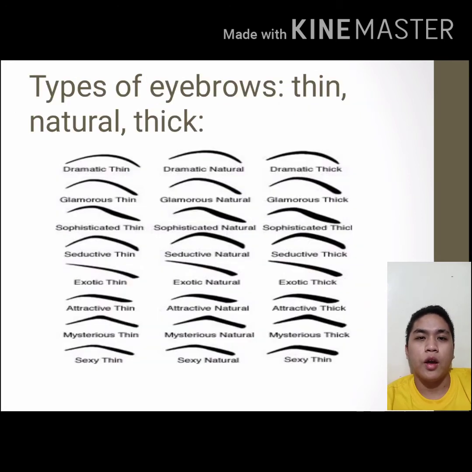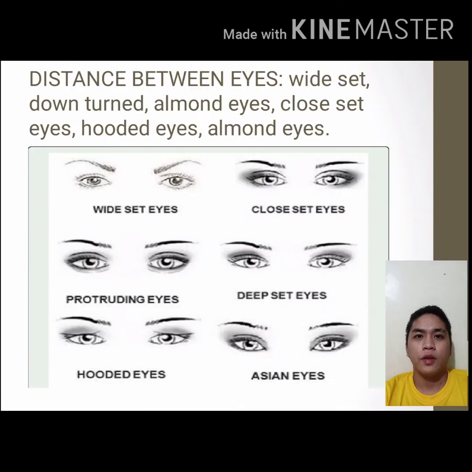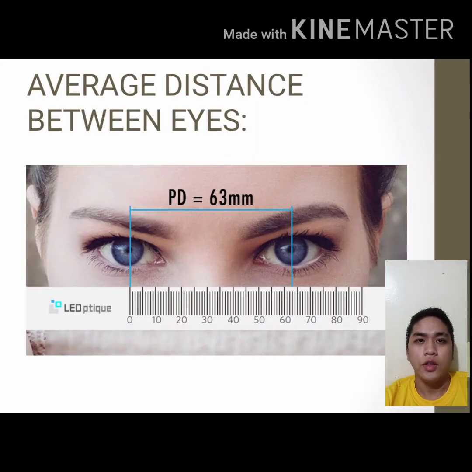The types of eyebrow are thin, natural, thick. And the distance between eyes: wide set, downturned, almond eyes, close set eyes, hooded eyes. The pictures are examples of the average distance between eyes.